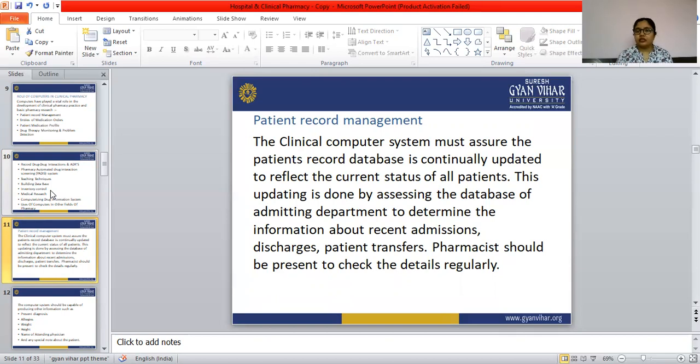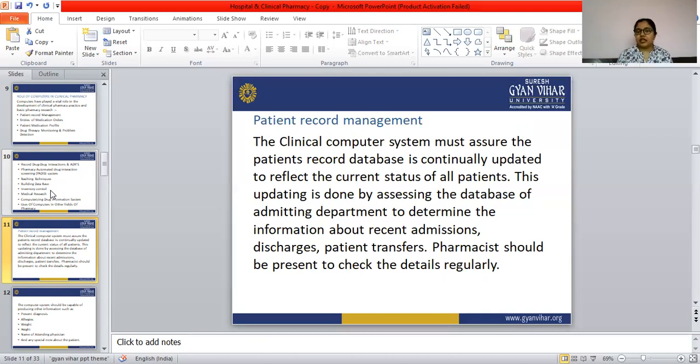The clinical pharmacists have to assure that the patients' record database is continually updated, to reflect the current status of all patients.